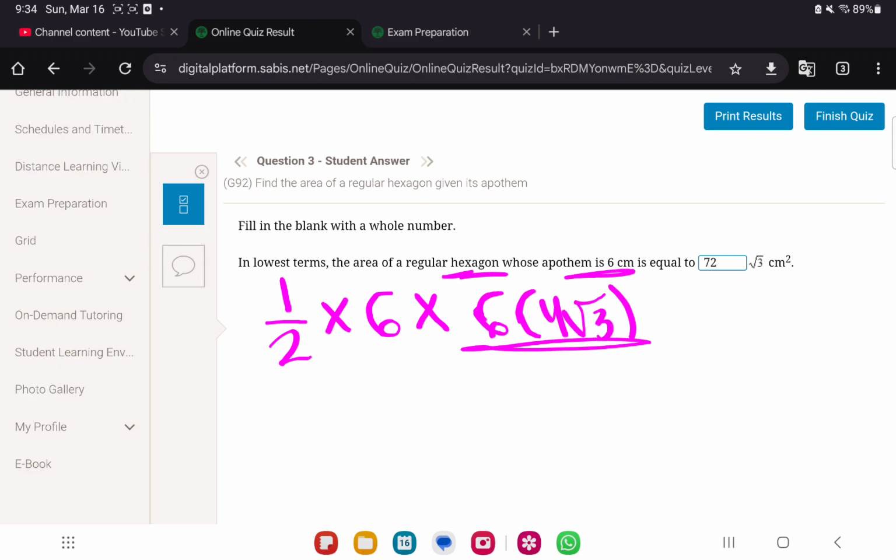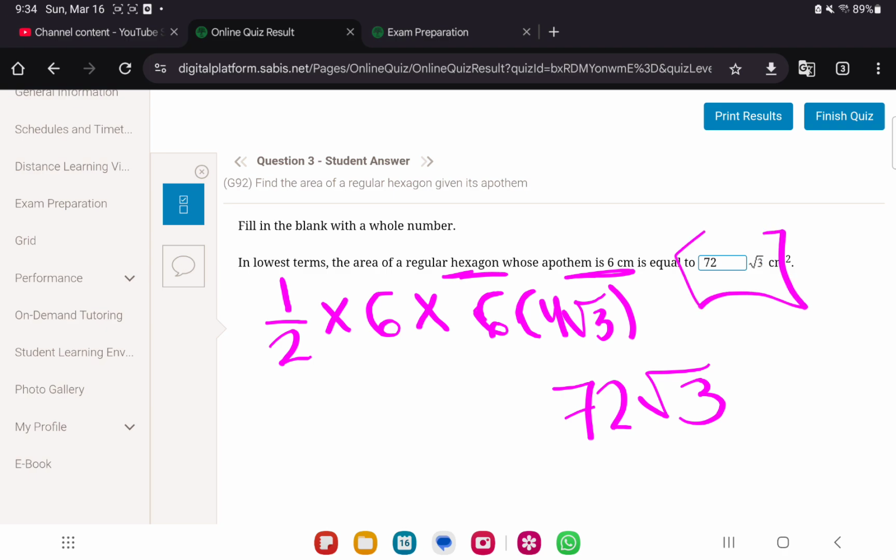So this is your perimeter, because when you do all this on your calculator, let me calculate it. You're going to get 72 radical 3, and that's your answer, okay?